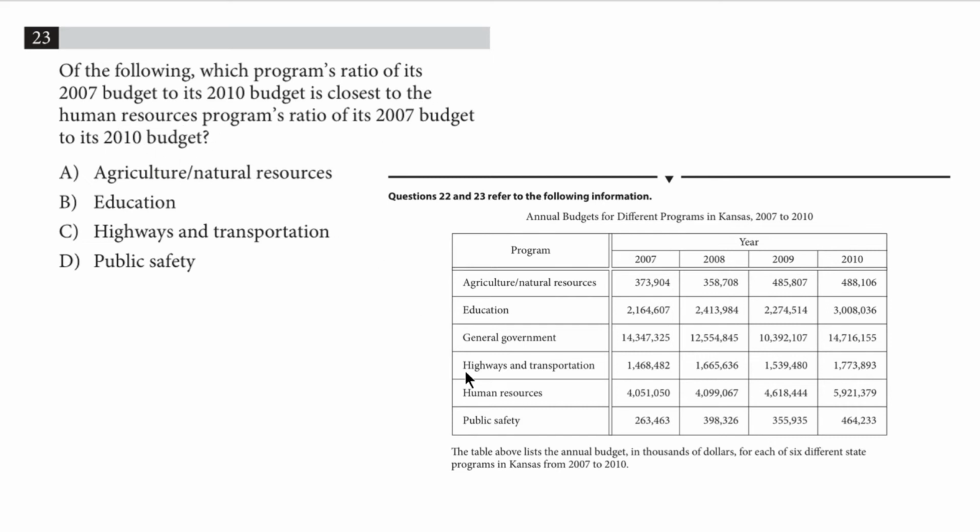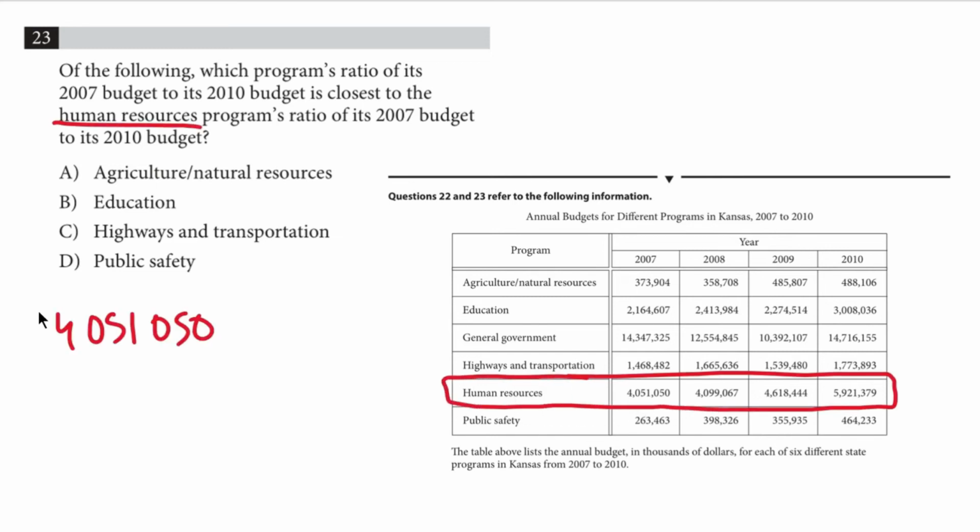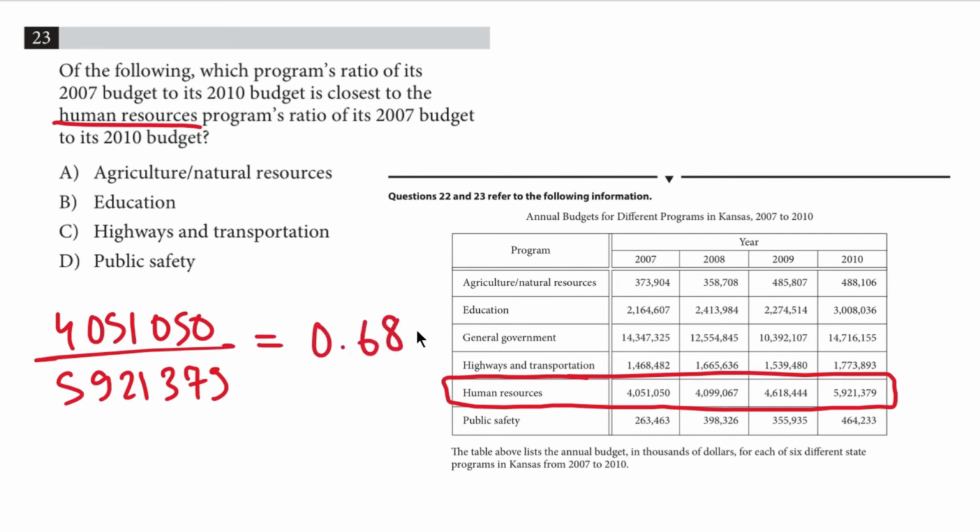Now let's take a look at that ratio, right? So human resource program, which is right here, had this much in 2007 and this much in 2010. Now let's try and divide that. So the ratio that we're getting is 0.684. We are going to be looking for that ratio in these programs A, B, C, and D. Okay, so we need to find 0.684.